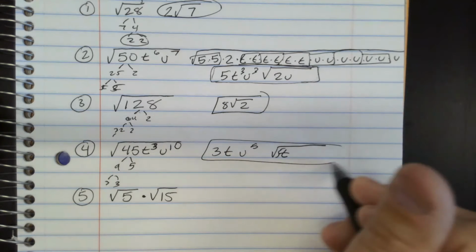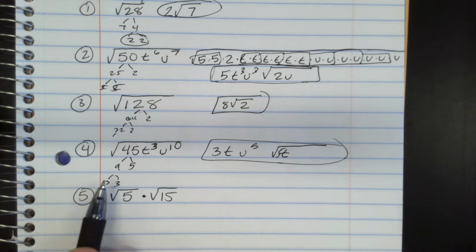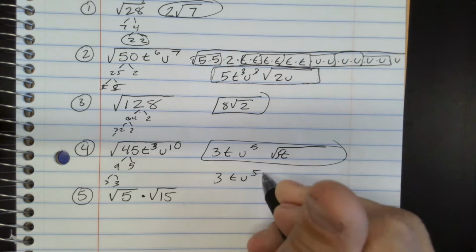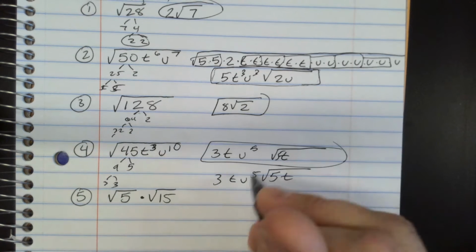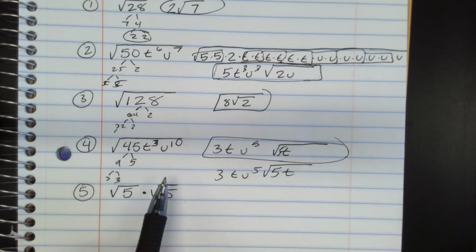And there would be your answer. There wouldn't be a 2 under because the 45 factors down to a 9 and 5, so 3, 3, and 5. So on the outside, we're going to have a 3t u to the 5th, and underneath a 5t. Is there another t out? No, because you're only going to have 1 pair, so you're only going to bring 1 t out.